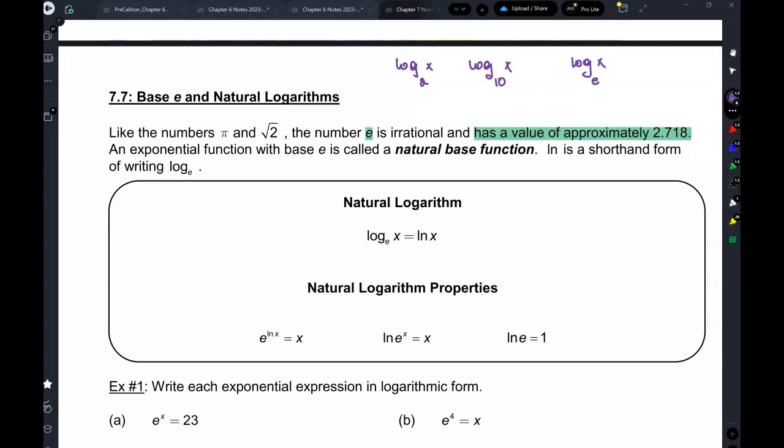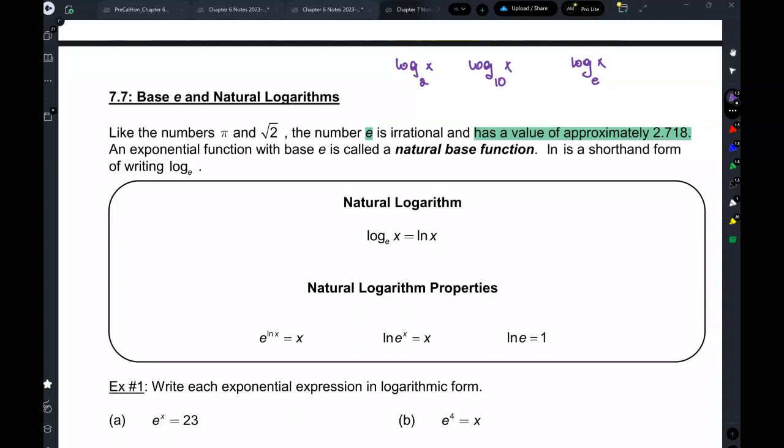That base e is the natural base of the logarithm. Yes, 10 is the common base, but e is the natural base. A logarithm and e are like soulmates, and they're at their most natural state when they're together.